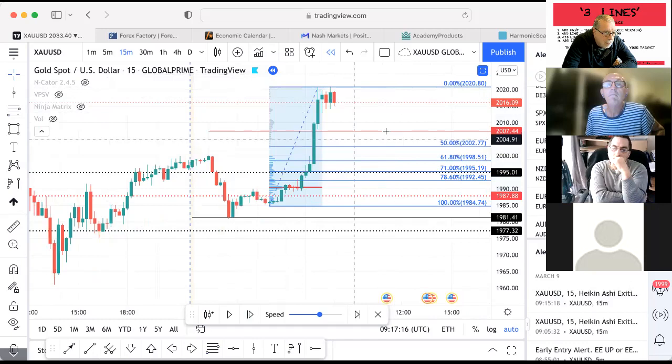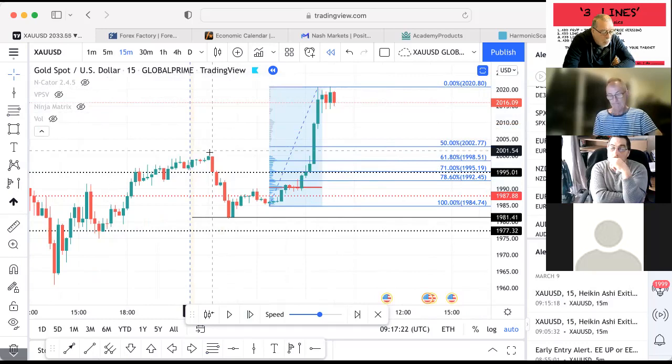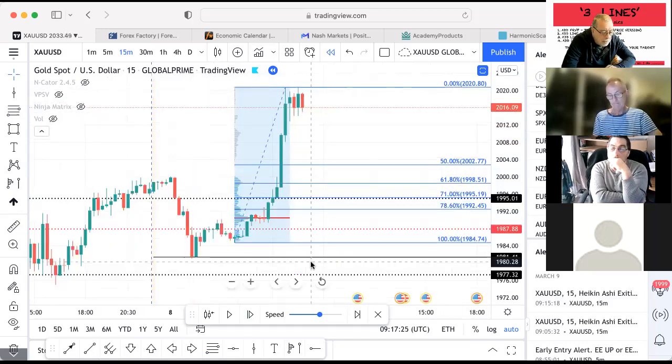I'll just get rid of that red line because that's confusing us. So we've now got a fib retracement on that same volume profile area, the same candles. It's the same from left to right and the same from right to left as the volume profile.